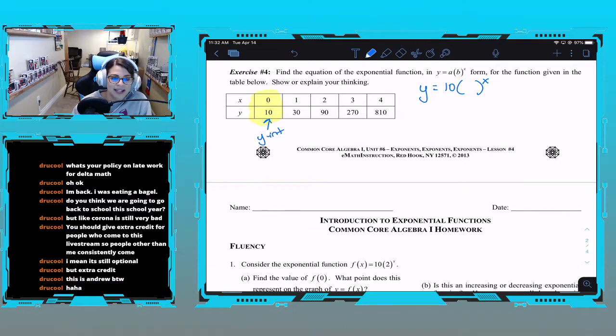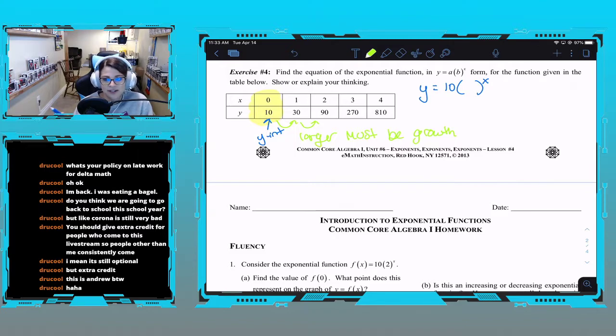Now we went from 10 to 30 to 90 to 270 to 810. This is getting huge, right? Because these are getting larger, it must be growth. Since our x is increasing steadily by 1, what are we growing by?